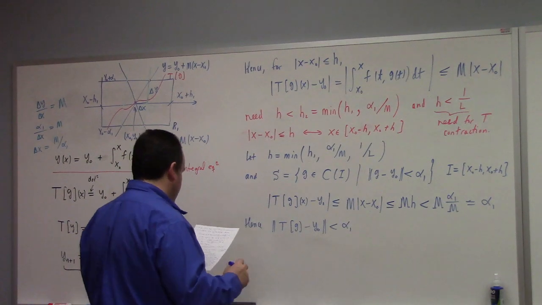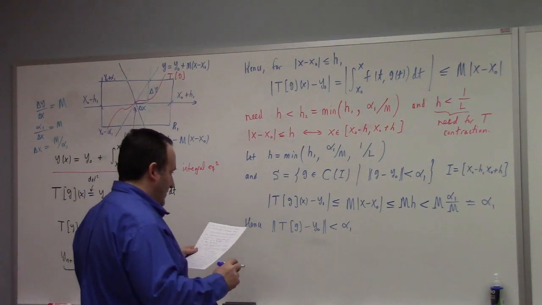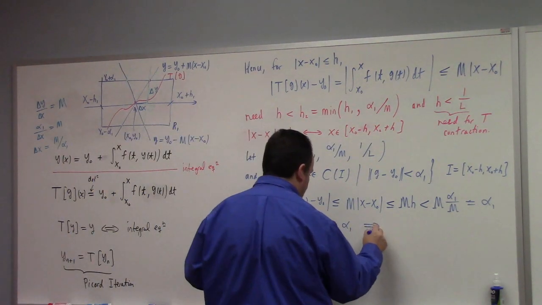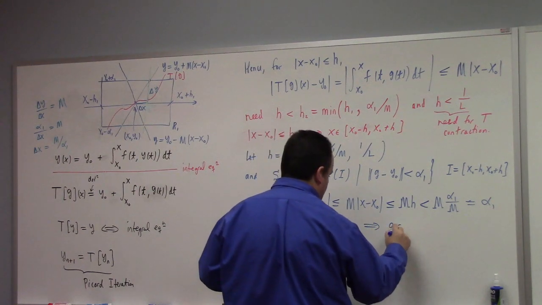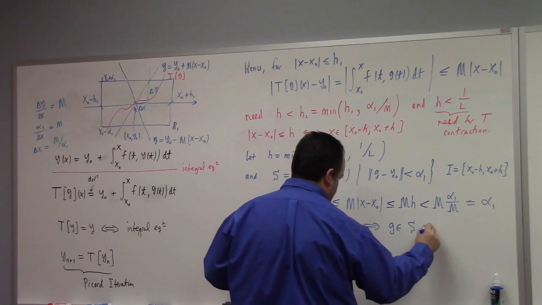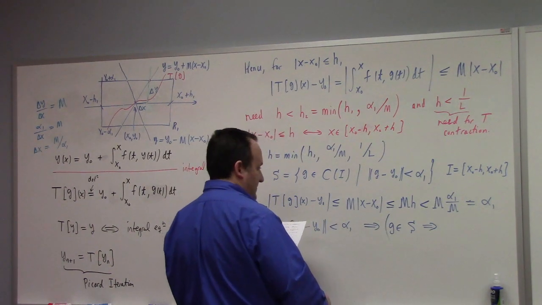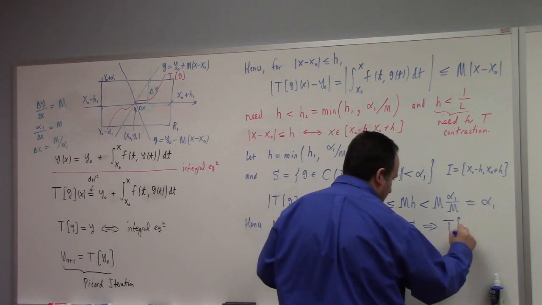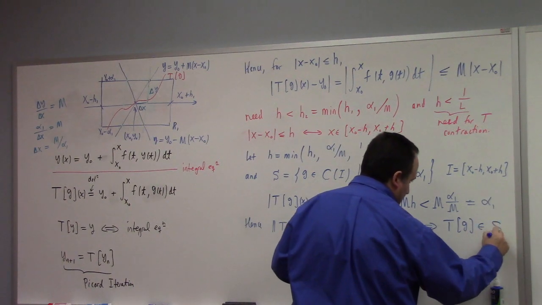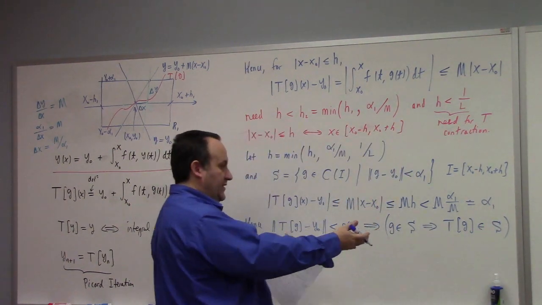All right. And what does that mean? G is an element of S implies what? T of G is also an element of S. So that's part of what we need.